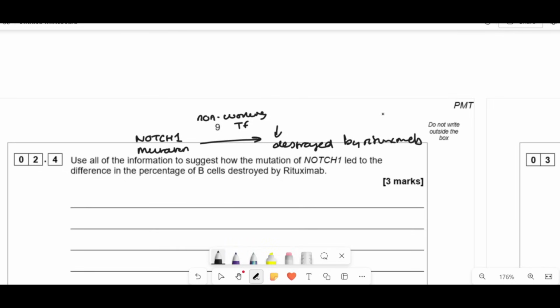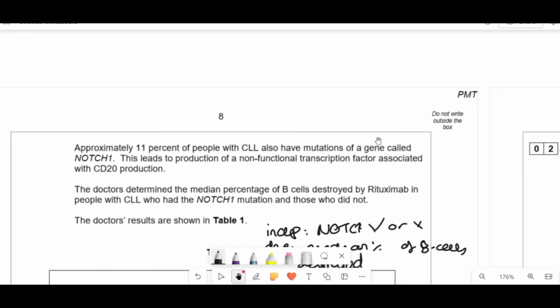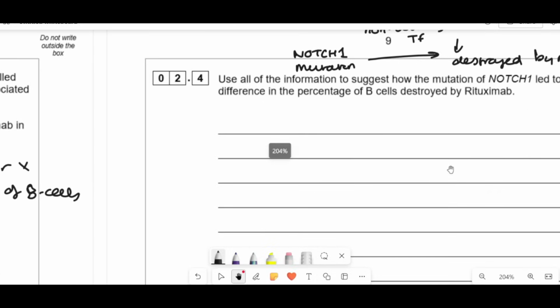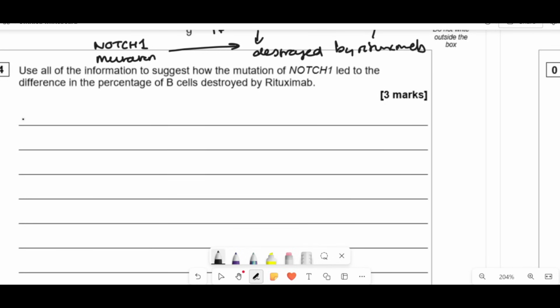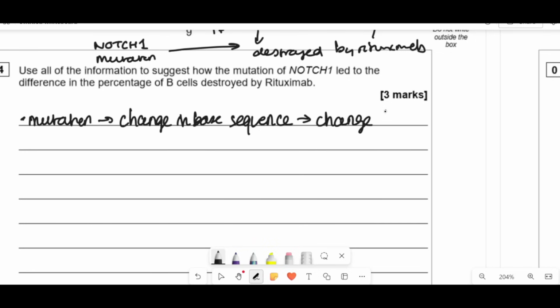And the question told you rituximab binds to CD20. And the question also told you that this transcription factor is associated with CD20 production. Now all the pieces of the puzzle are there to explain why. Because what's happened is a mutation, remember, is a change in a base sequence, right? So that means it's going to change the primary structure of the transcription factor, which then changes its tertiary structure, right? So then transcription factors, remember, what they'll do is they'll bind to the start of a gene, and then it will lead to RNA polymerase making mRNA, and then eventually gets translated, because transcription, translation, right?